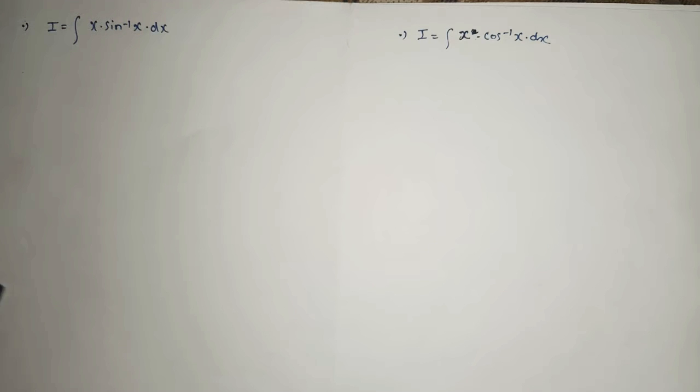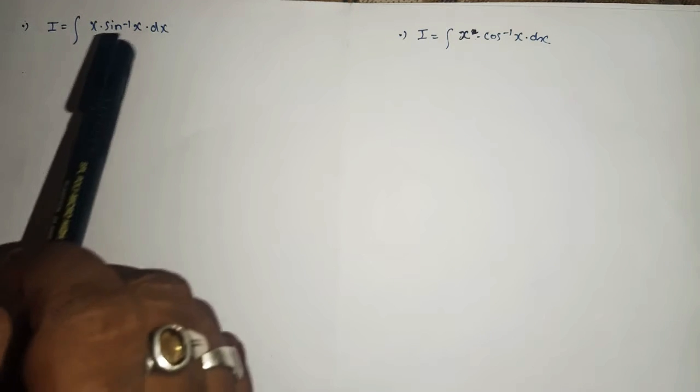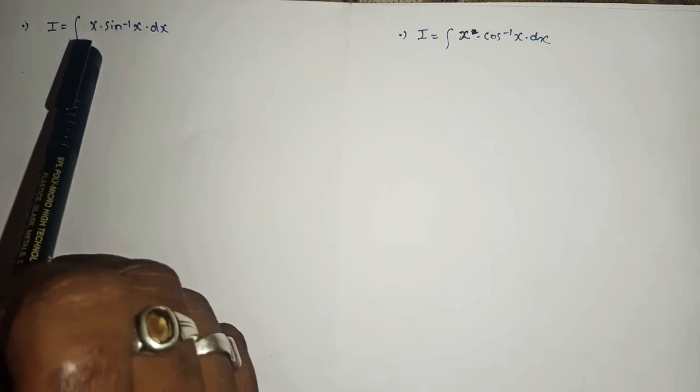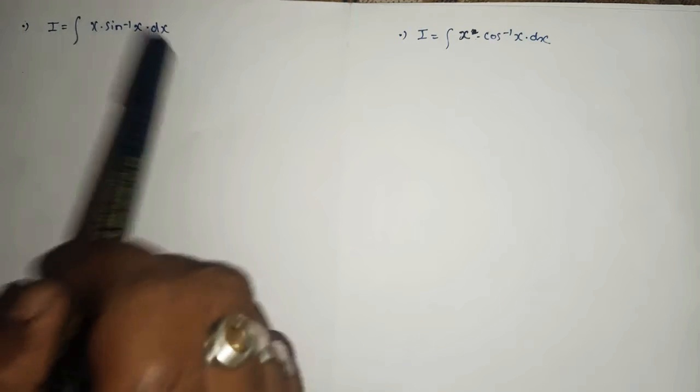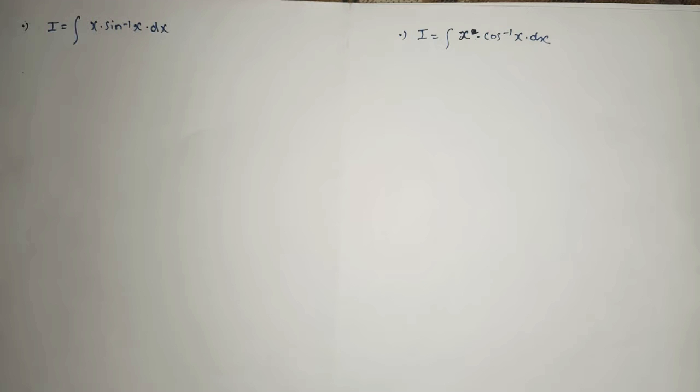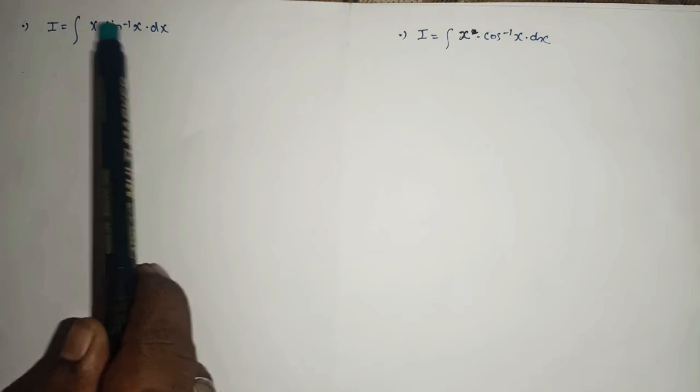In the last example we took a pair of algebraical and inverse, it was x into tan inverse.